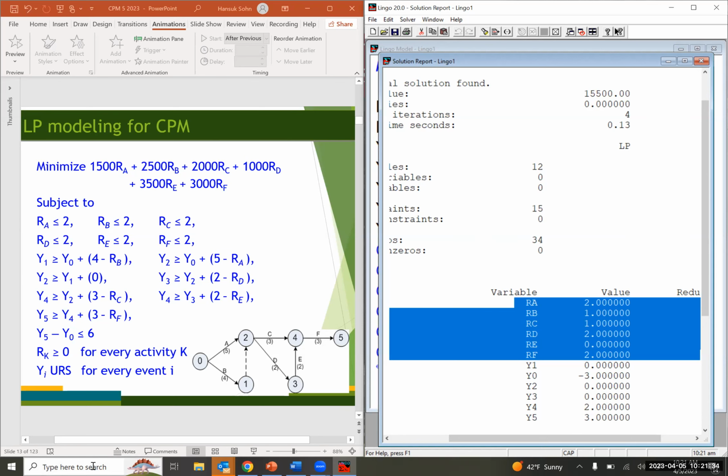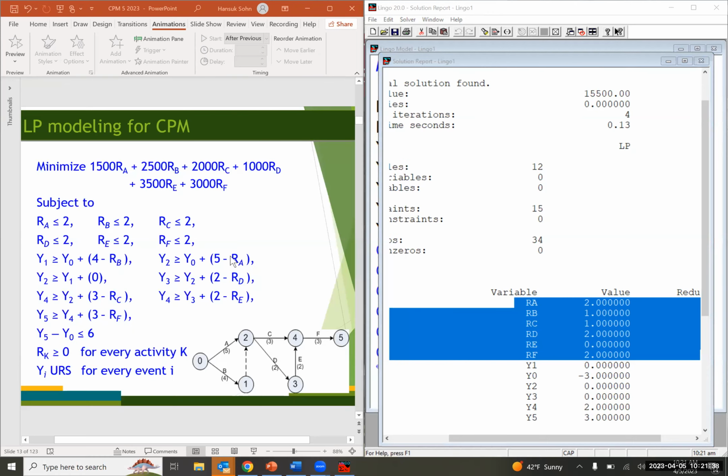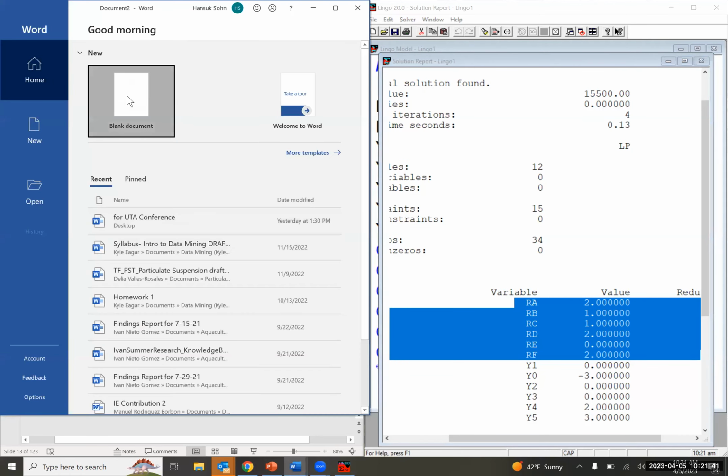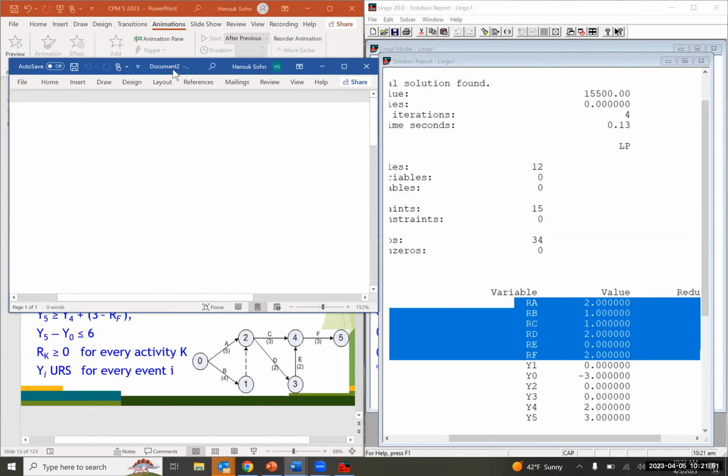So let me open Microsoft Word. Let me redraw the AOA network diagram. So we have 0.